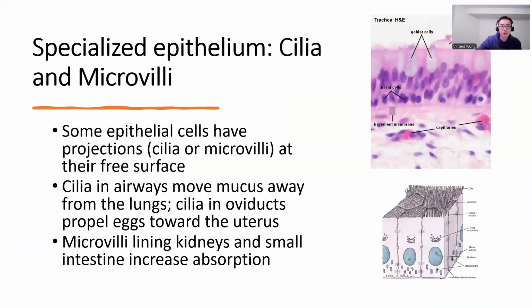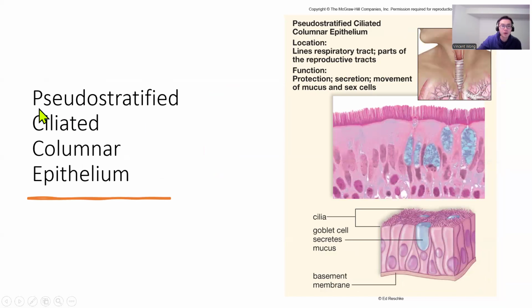I'm just going to show you two more types. Over here, it's called pseudostratified. Pseudo means fake. Ciliated means they have little hairs on them. Those are cilia. We learned that before. So these are hairy columnar cells that look like they are multiple layers, but in fact they're not.